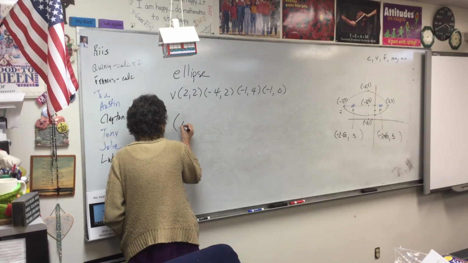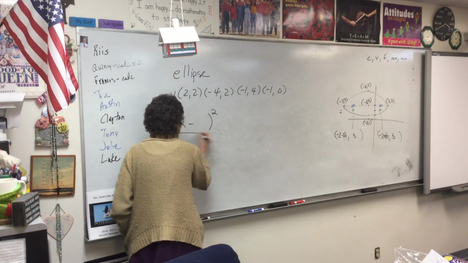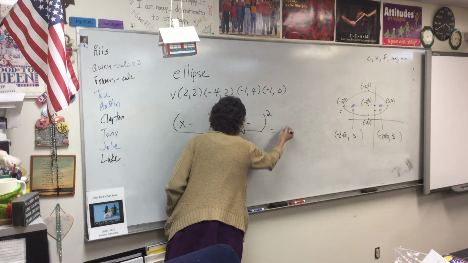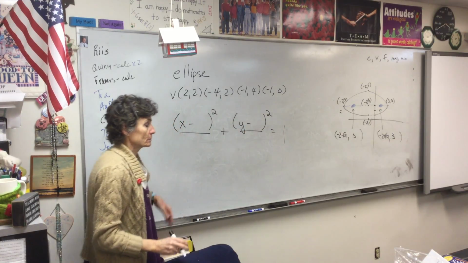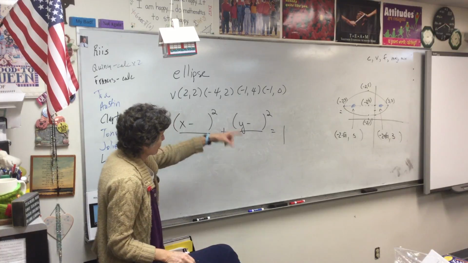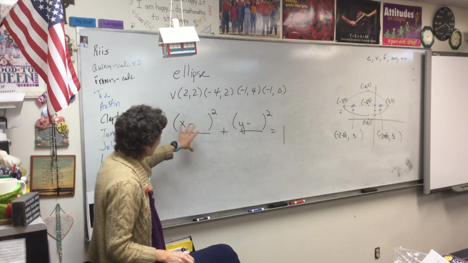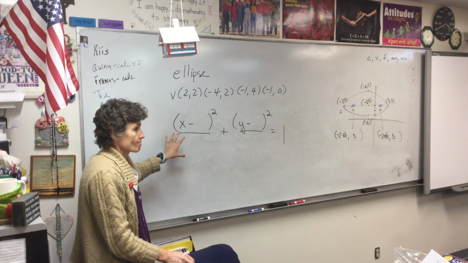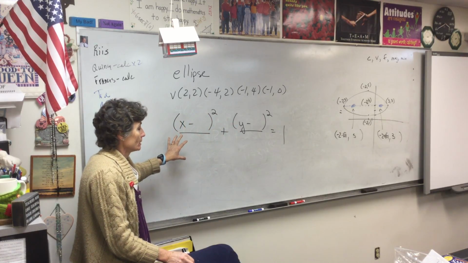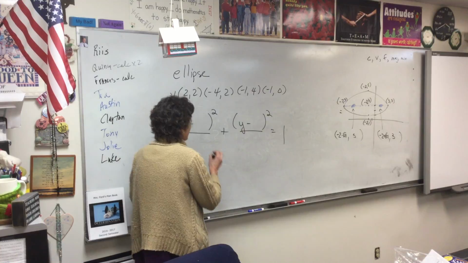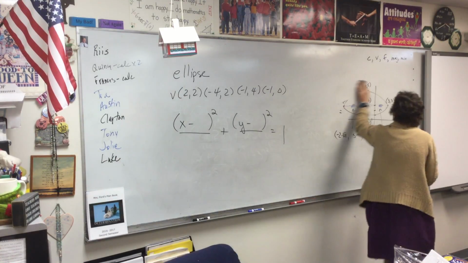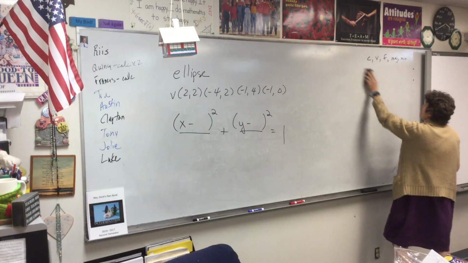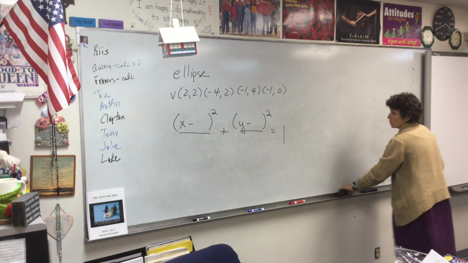Now, remember, what you are shooting for is something that looks like this, right? That's our goal. We want an equation. I erased the last one here, but don't we want an equation that's set up like this? So let's look at what we know and see if we can figure out the numbers that have to go in the equation there.